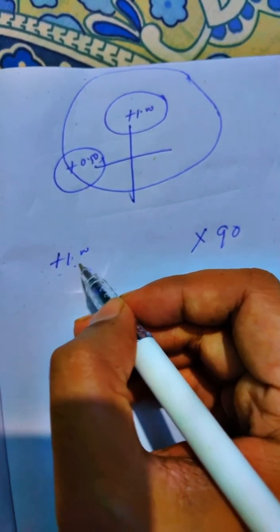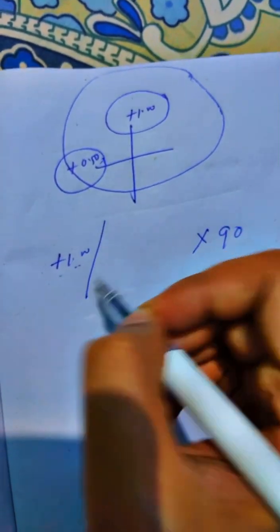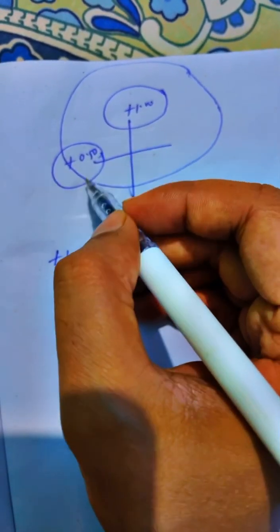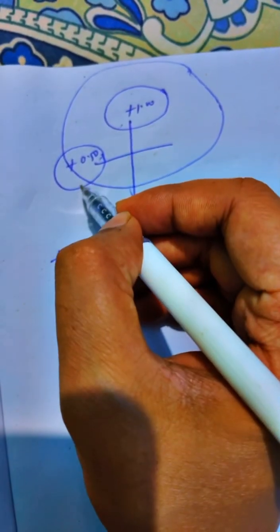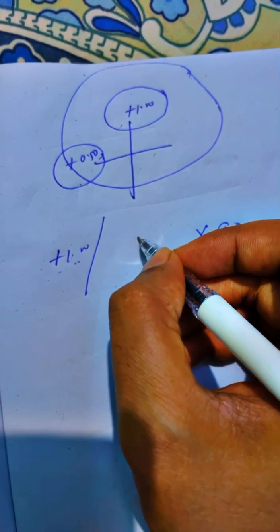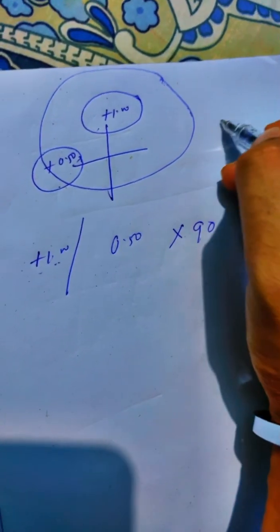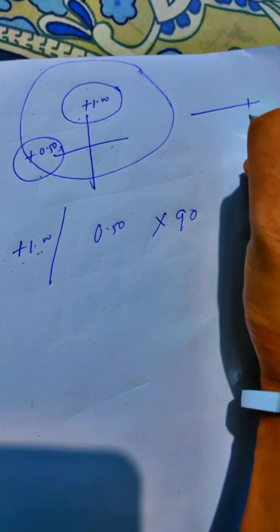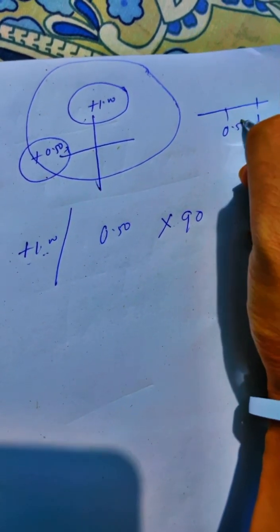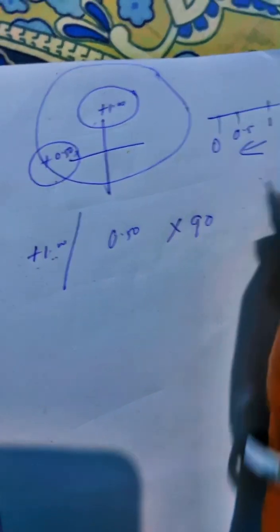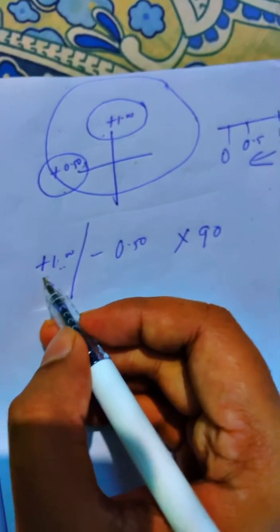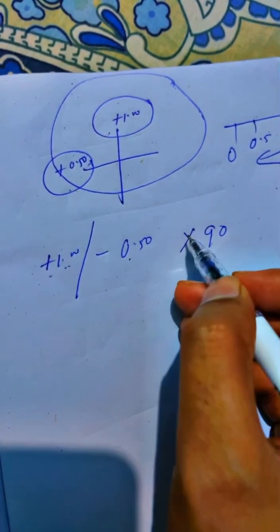Then between 1 and 0.5 there is a difference of 0.50, but while going from 1 to 0.50 the sign convention is minus, so I will get plus 1 with minus 0.50, axis 90.